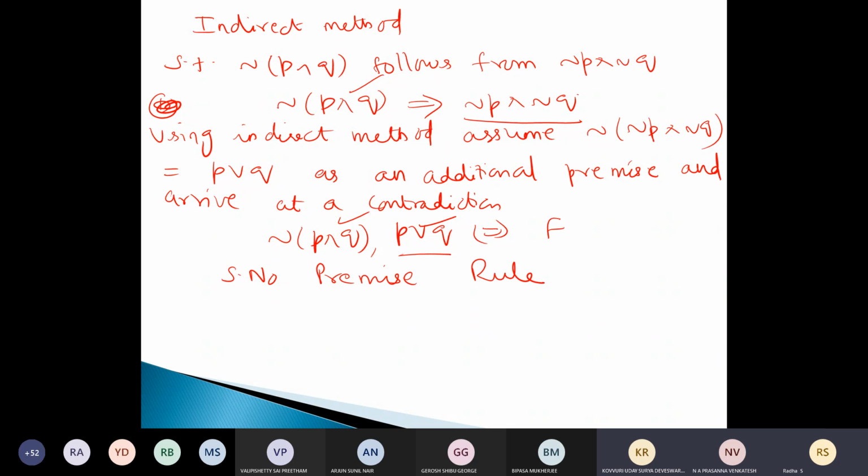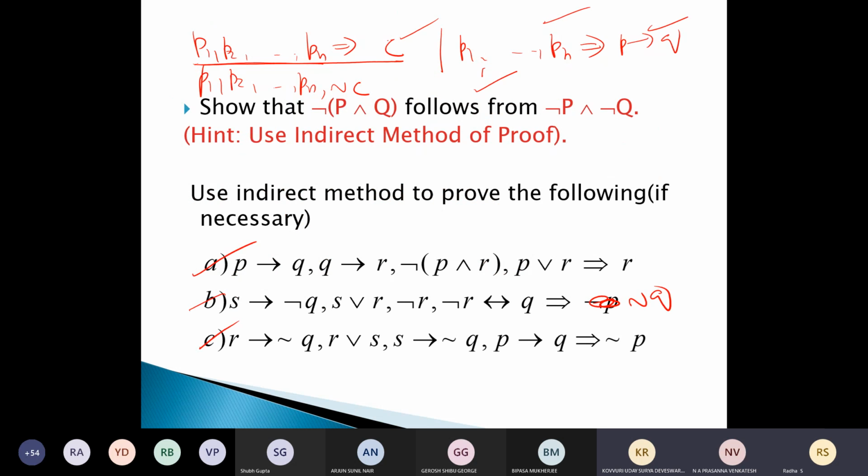Just tell what you can consider first. Not of P and Q. Yeah, this one. Which one? This one, right? Think and say which one. Have I taken it first correctly?